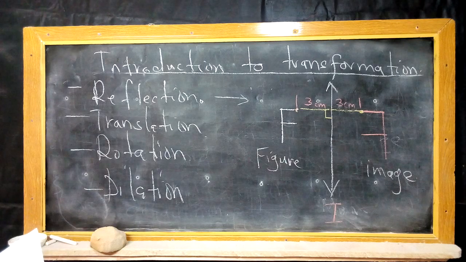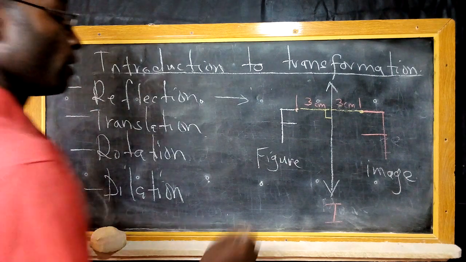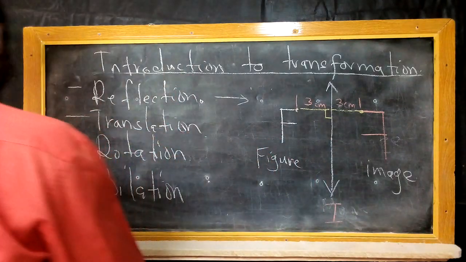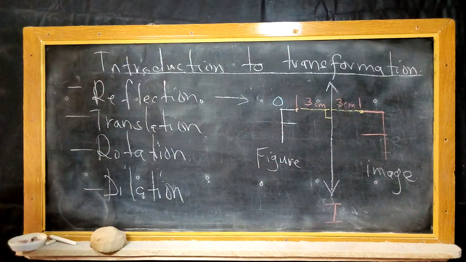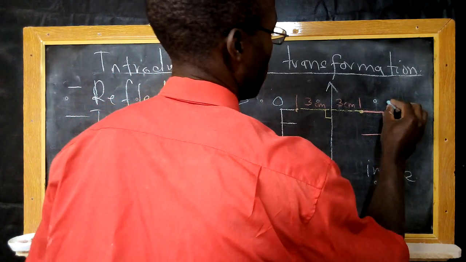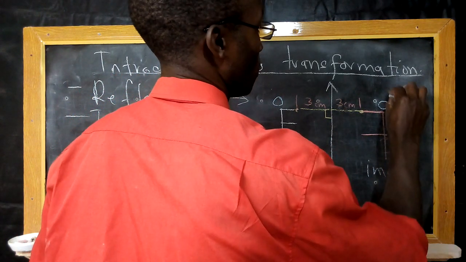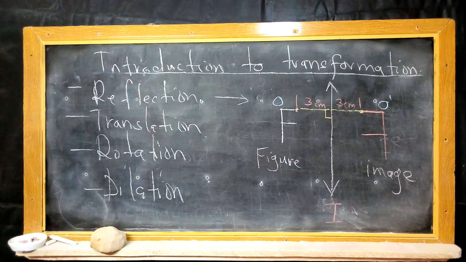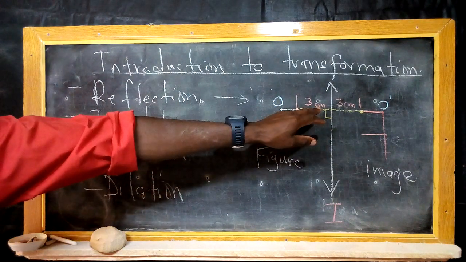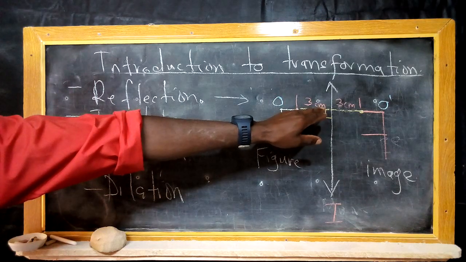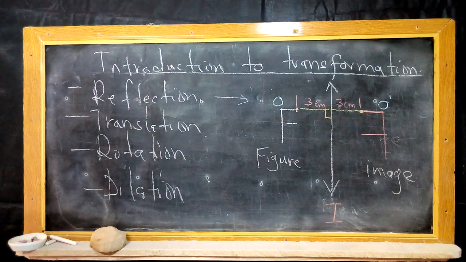And if this object had a point like O at this particular point, then the same case will happen: a point will be formed on the other side, which we indicate as O prime. So the distance from point O to the mirror line is the same as from the mirror line to O prime.